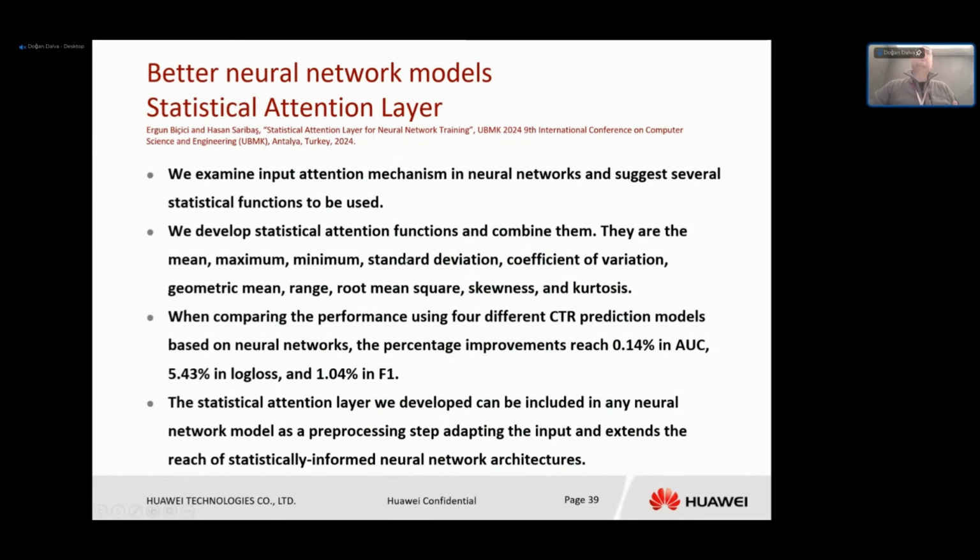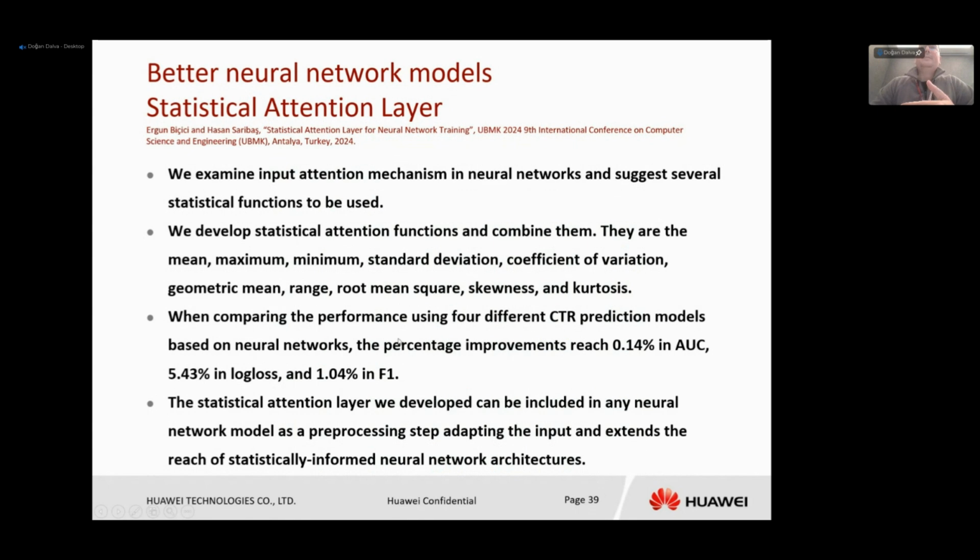But how we combine is important, and this is obtained by various experimentation and semantics of these statistics. And when we compare the performance of this statistical attention layer, we achieve improvements that is 0.14% in AUC, 5.43% in log loss, and 1% in F1.